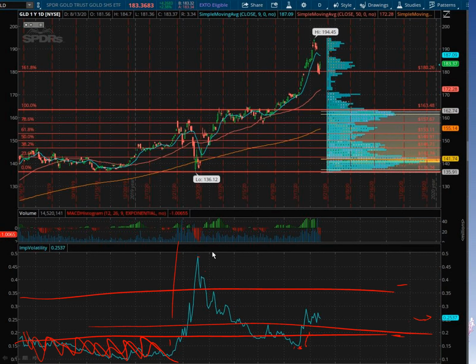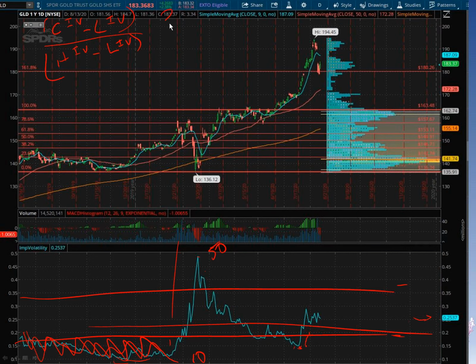Let's call that high 50. I'm just going to round here. If you wanted to take into account this low here, we'll say the low is 10 and the current is 25. So what was my formula? We're taking the current IV minus the low IV, and dividing that by the high IV minus the low IV.